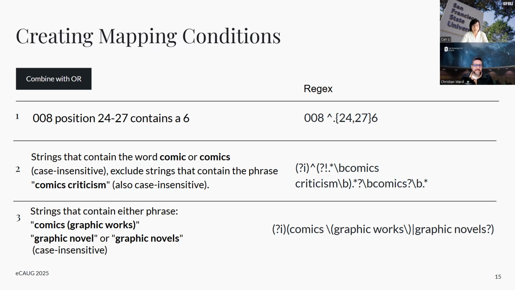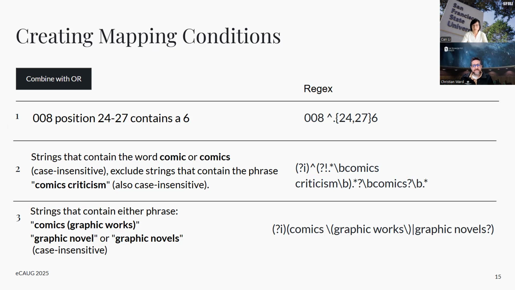The first one is the standard MARC standard: 008 at positions 24 to 27 contains a 6, for the nature of content being comics, graphic novels. It would be much simpler if this rule was sufficient.